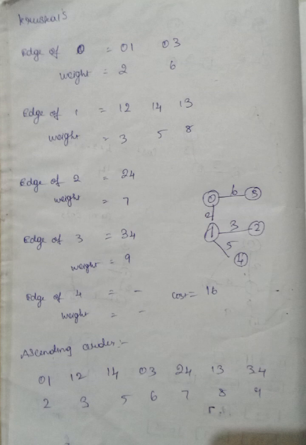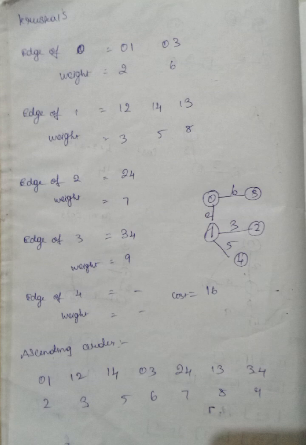We have 2 as the minimum weight. 0, 1 is the minimum weight edge, and we write it first, and 1, 2 is second, where the weight is 3, and 1, 4 is third, where the weight is 5, and 0, 3 where the weight is 6, and 2, 4 where the weight is 7, and 1, 3 where the weight is 8, and 3, 4 where the weight is 9.